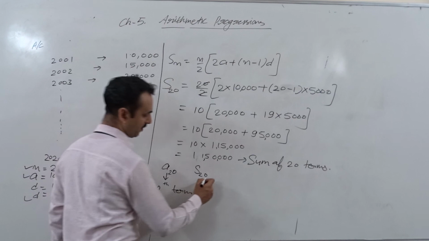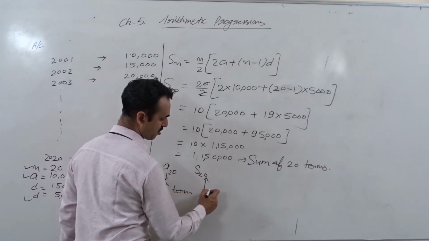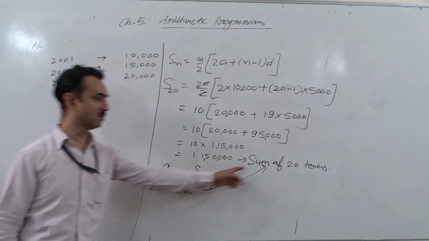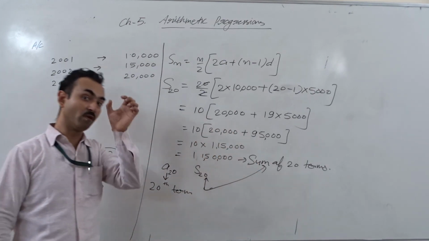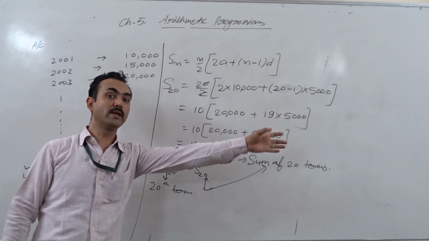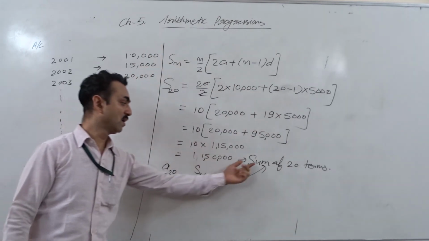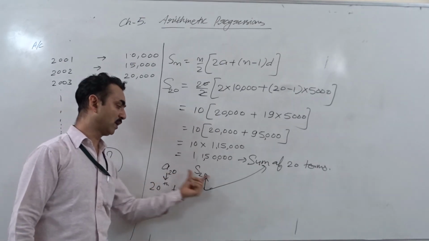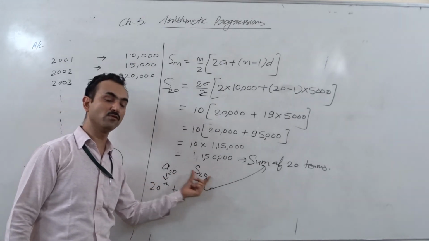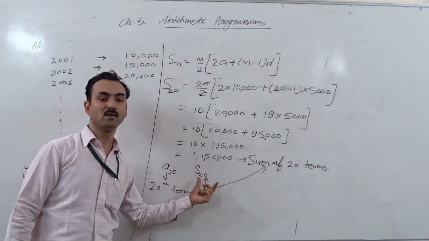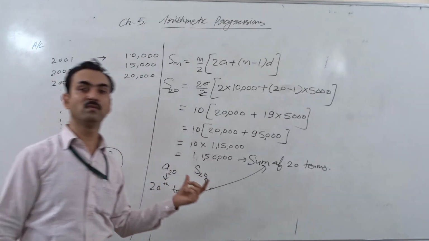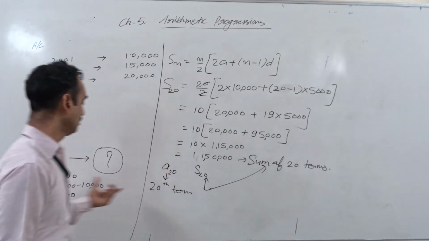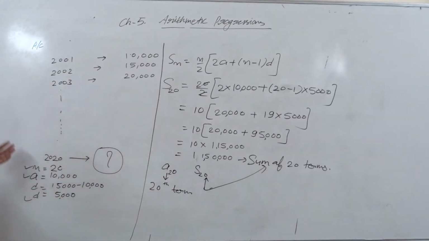But S20 is the sum of 20 terms, from the first term to the 20th term, and each term is added in S20. Most students get confused between A20 and S20. In the question you will get the language, and you have to identify the variables very carefully, so that you use the proper concept.